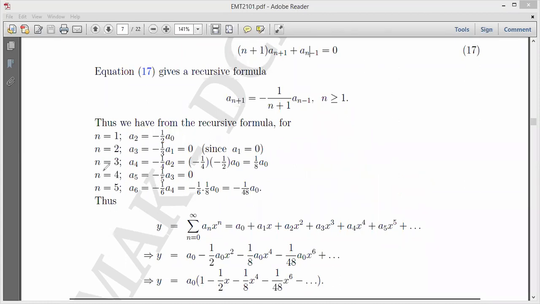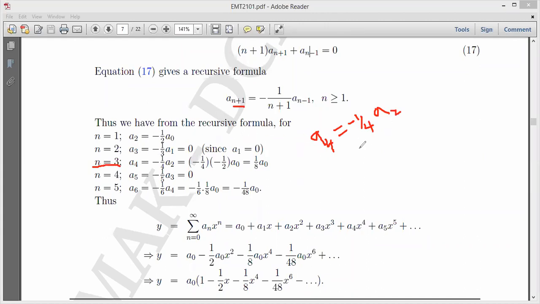Then we go to the next one, that is n is equal to 3. N equal to 3, where there is n, you substitute 3. This will be F4. Once you get F4, this is the 3, that will be minus a quarter. And this will be n is 3, this will be A2.